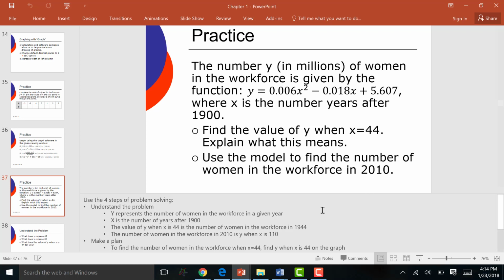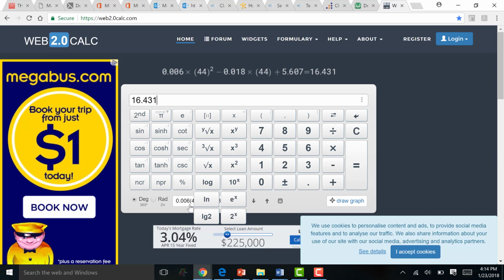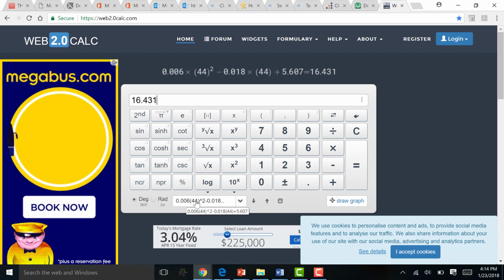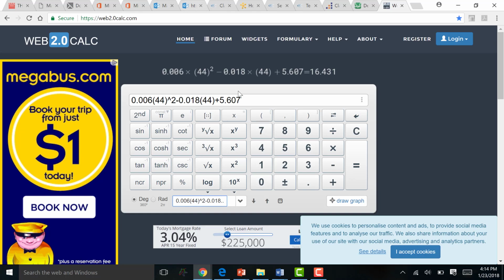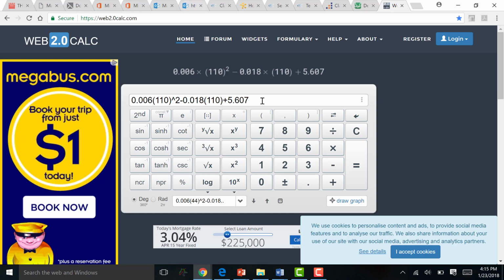Okay, I'm going to go back to my calculator and do the same thing. The wonderful thing I like about this calculator is whatever you typed in there before, if I click down here at the bottom, it'll put it back up in the window so I don't have to type the whole entire thing all over again. I can just change my 44s to 110. And then I'll hit enter.